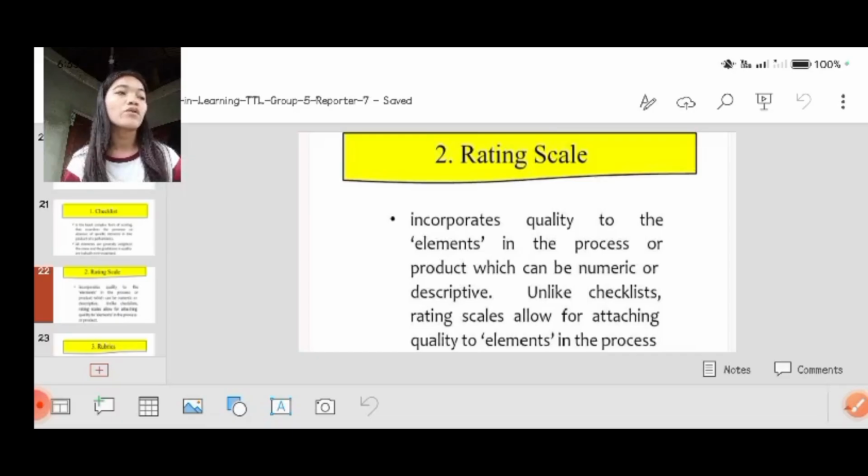It shows how well the task was done, not just if it was done. So, it is not the same as a checklist that is only yes or no. With a rating scale you can see how good the student's performance is. So, that is the rating scale.